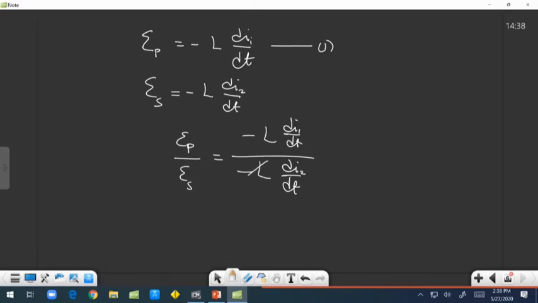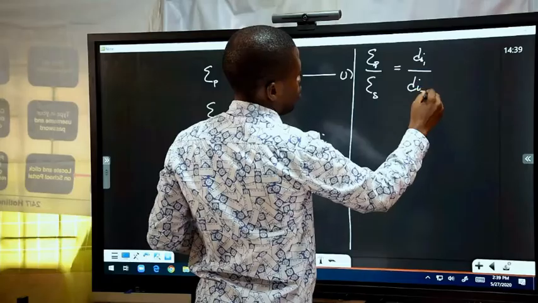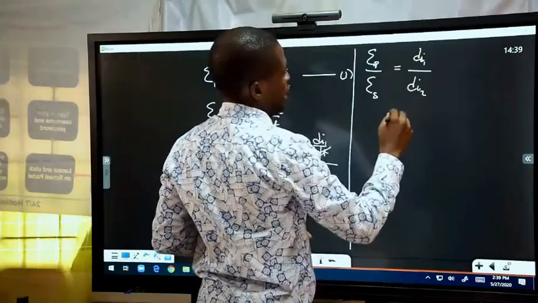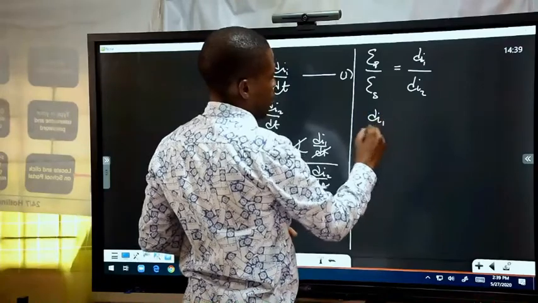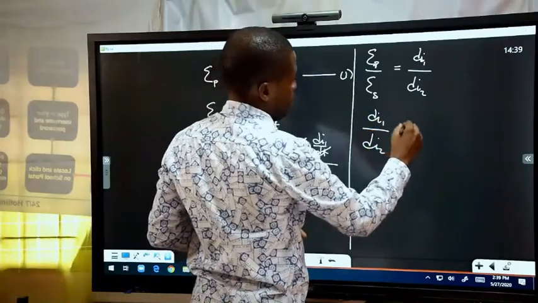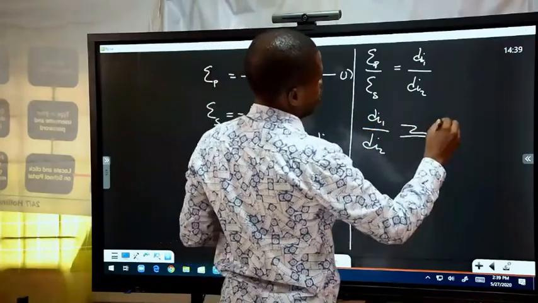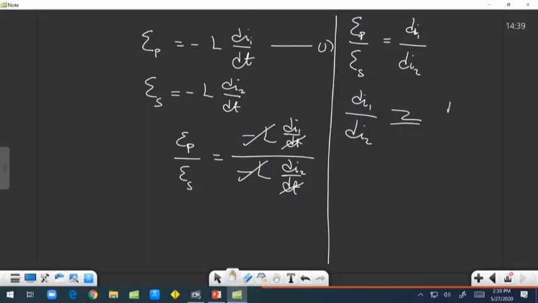So the L cancels out, and we cancel dt. We have Ep over Es is equal to di1 over di2. But di1 over di2 is approximately equal to the current I1 here and the current I2 here.